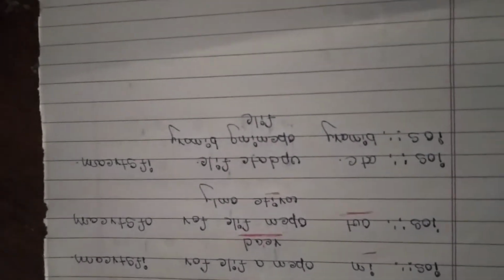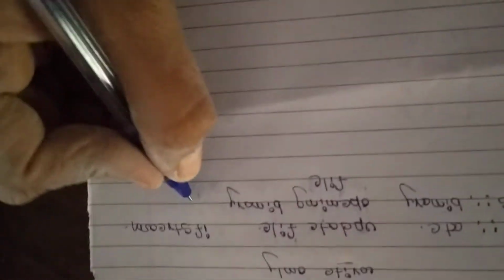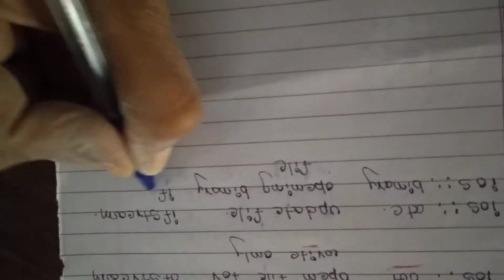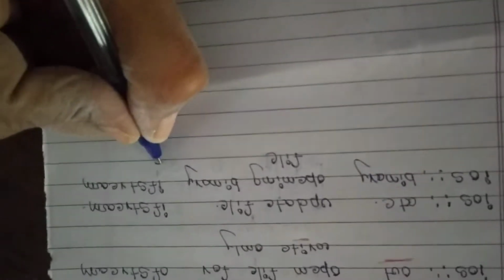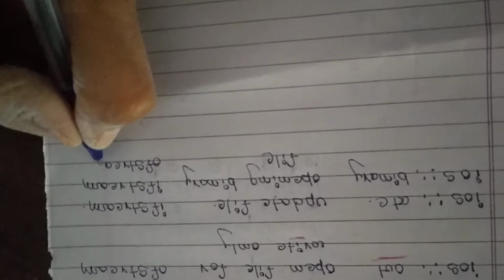In a binary file, data will be in zeros and ones. For that, we are using two classes called the ifstream class and the ofstream class.